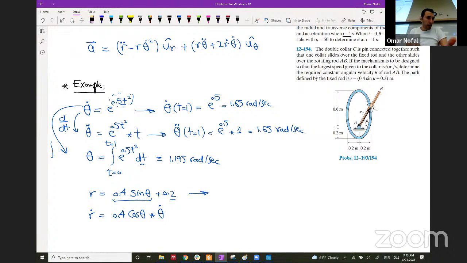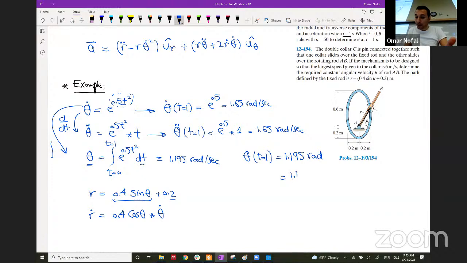So we need to calculate theta at t equal 1 second. It will be equal to 1.195 radian. So we need to calculate theta in degrees.